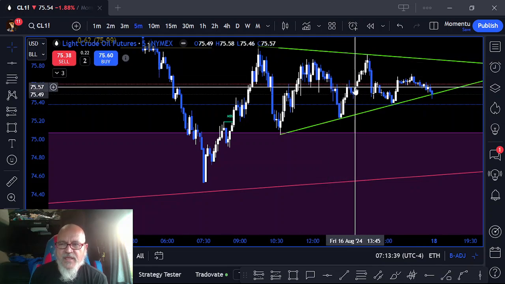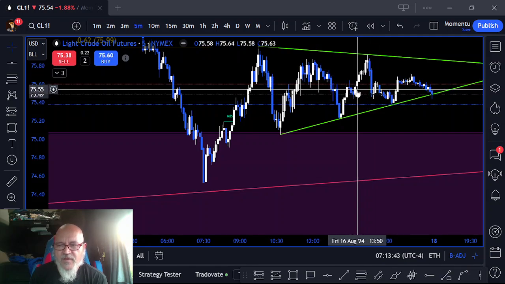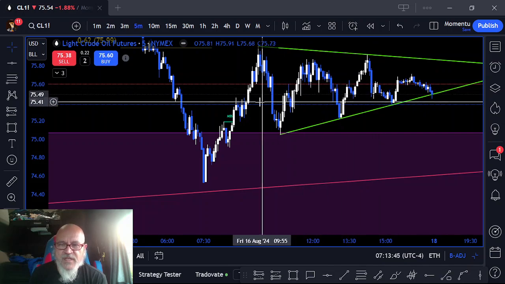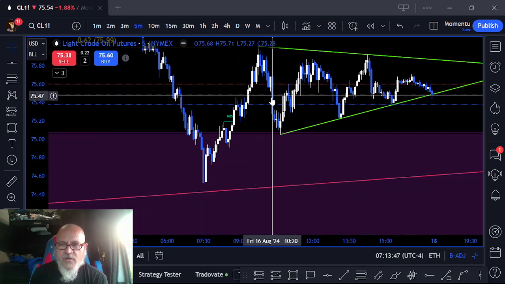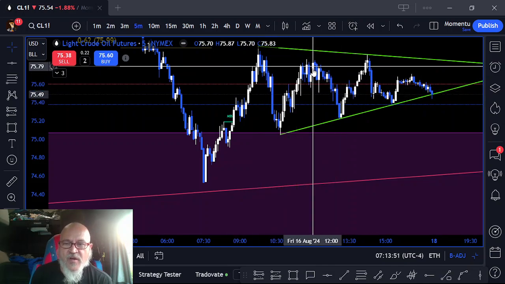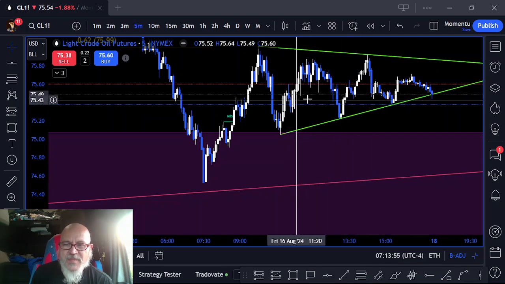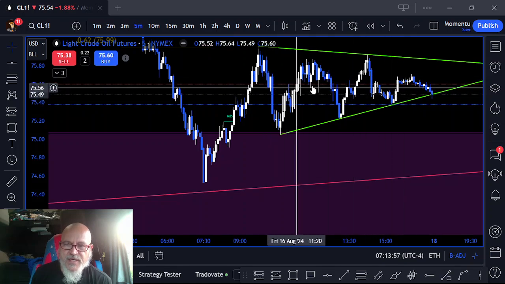We made some bullish fair value gaps right here that immediately inverted again. So none of these regular or inverted fair value gaps are holding. They're all getting broken. Which tells me I don't know which way this trade is going to go, right?